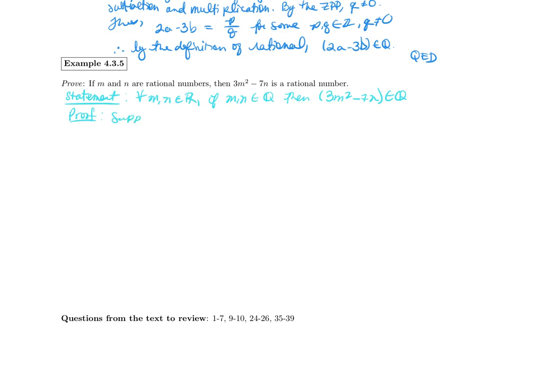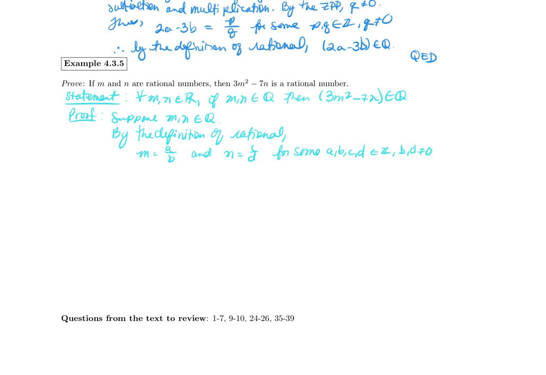Let's suppose m and n are rational numbers. Then by the definition of rational, we know that m equals a over b and n equals c over d for some a, b, c, and d that are integers. And remember that b and d cannot be 0. We still cannot divide by 0.